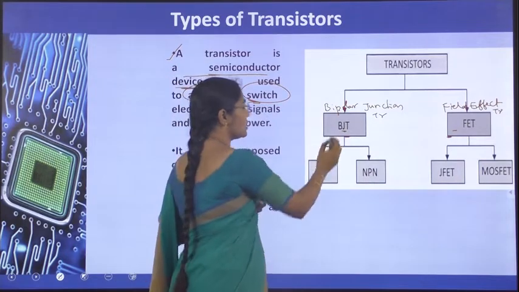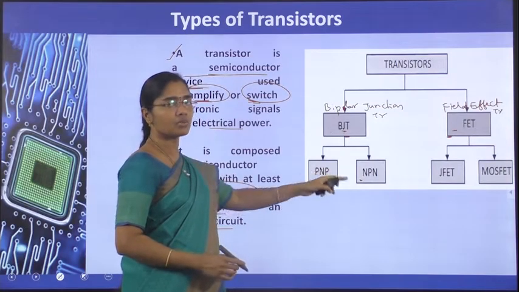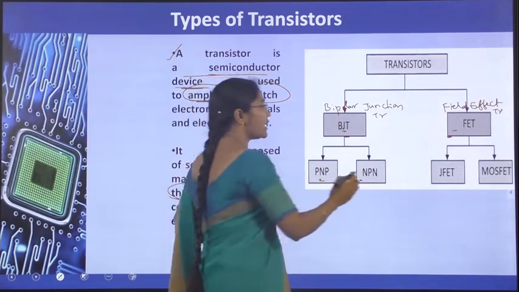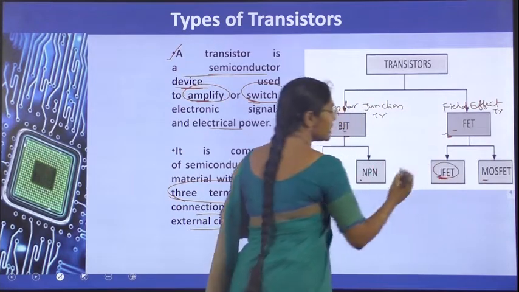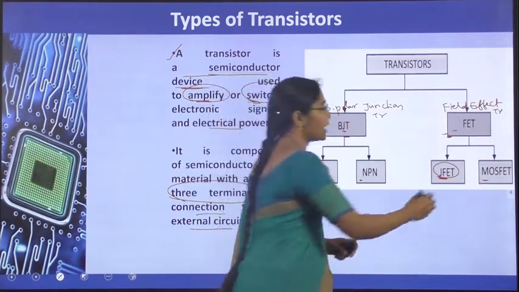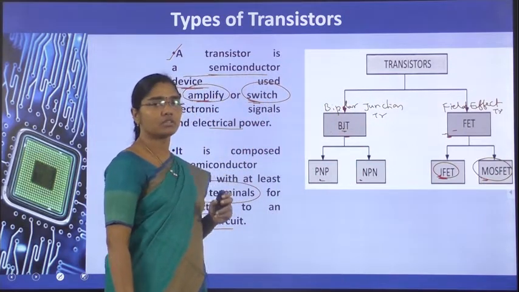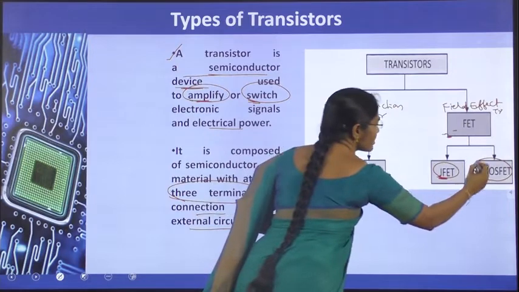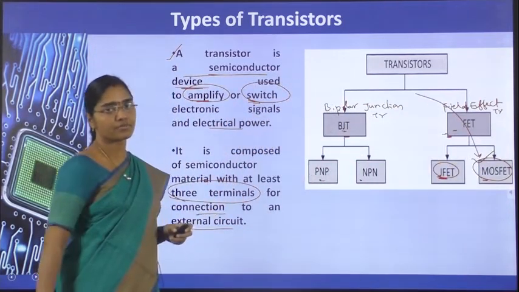In the BJT, there are 2 different types: NPN and PNP. In the FET, there are again 2 types: the junction field effect transistor, JFET, and the MOSFET, metal oxide semiconductor FET. Our transistor is this one. So in the FETs, one kind is the MOSFET.